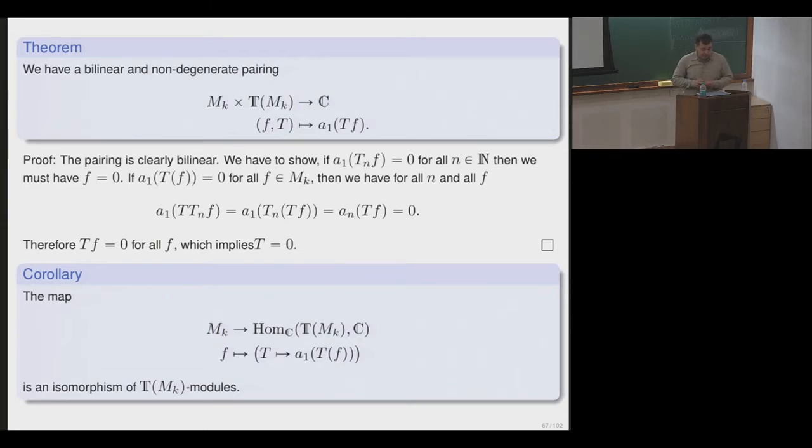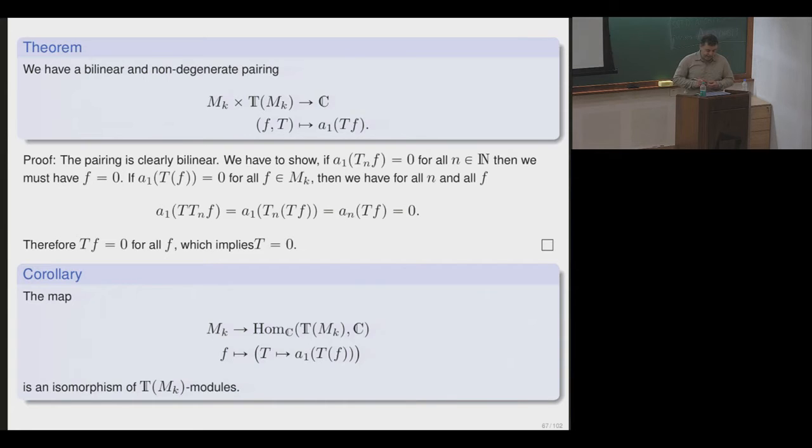This has some practical implication because we can reformulate it in the sense that we have a bilinear and non-degenerate pairing between the Hecke algebra and the modular forms, just sending a modular form to its first coefficient.